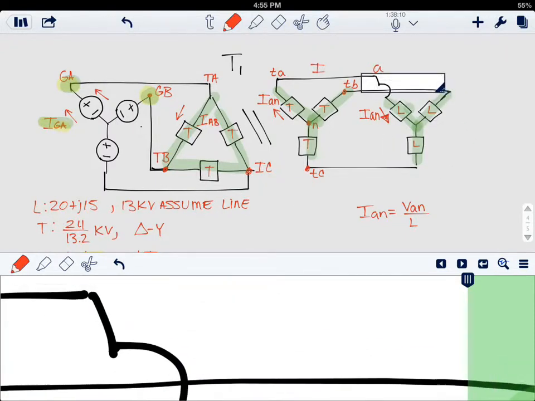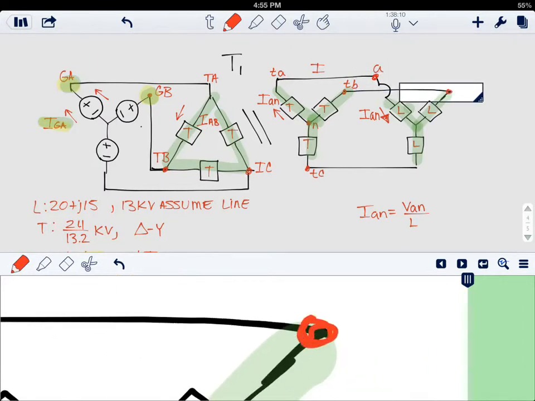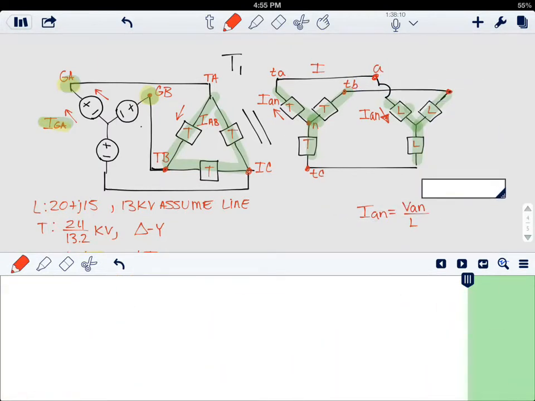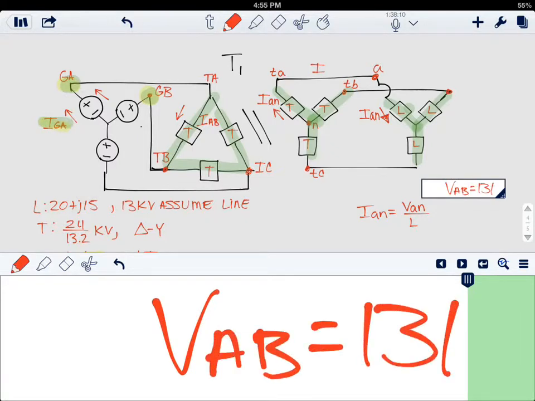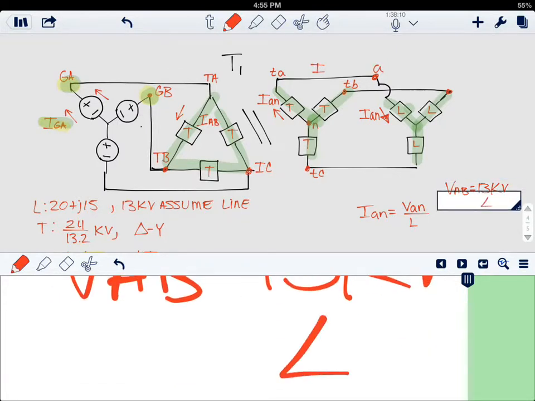So the voltage from point A to point B is 13,000 volts, and we assume that the angle, because it's in a Y configuration, is 30 degrees.